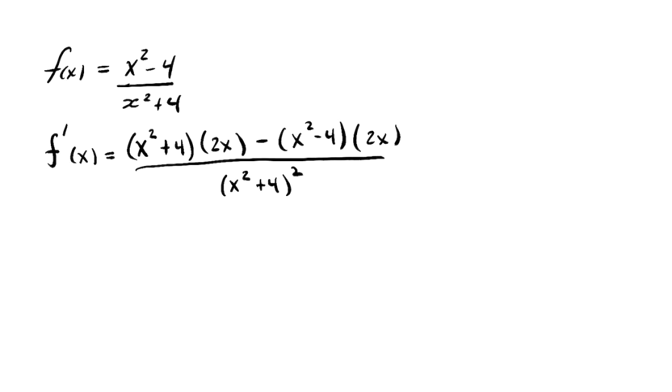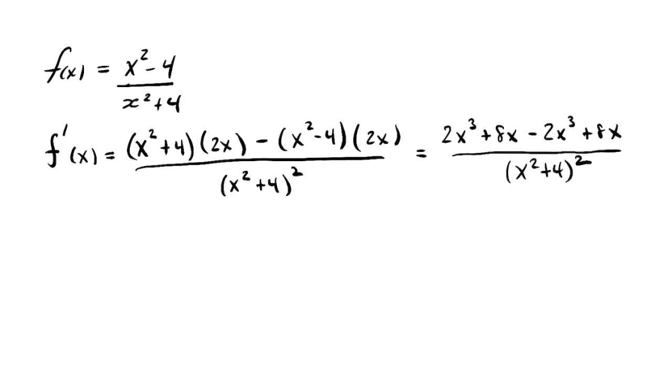We can start by just multiplying out what we have in the numerator. If we do all that distribution, we would get what? 2x cubed plus 8x. And then watch that minus sign. We'd get negative 2x cubed minus a minus 8x. So that's plus 8x. The denominator is unchanged.